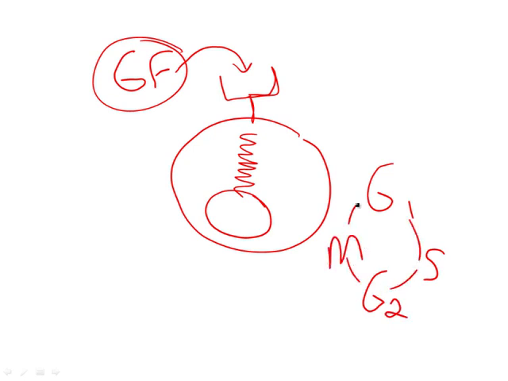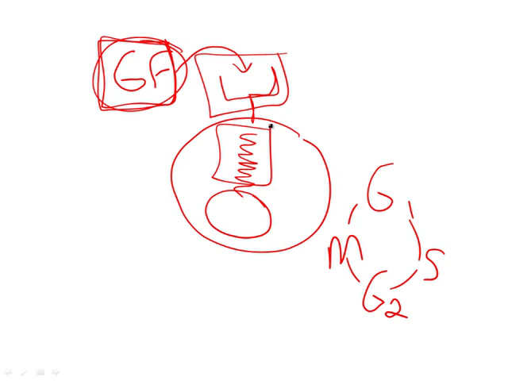So this is the normal growth sequence, and each of these steps involves proto-oncogenes. One type of proto-oncogene would be the growth factor, another would be the growth factor receptor, another would be the signal transducer, and another would be the cell cycle regulators.